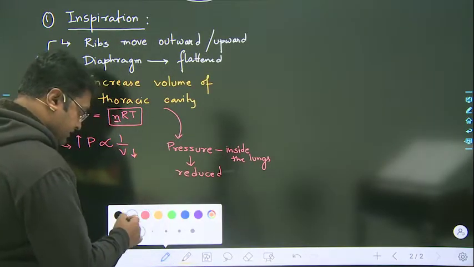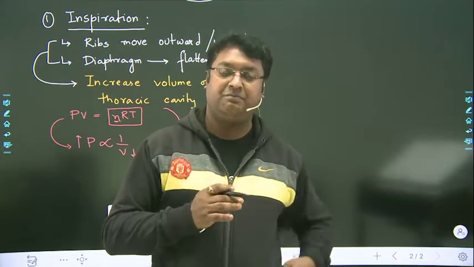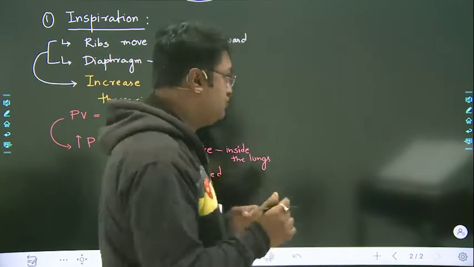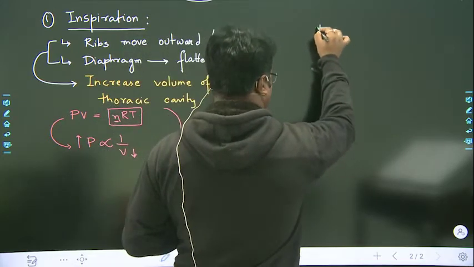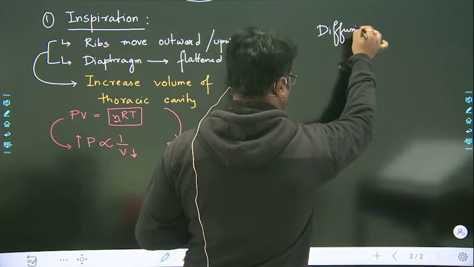Now, how is this taking place? Be it inspiration or expiration, the movement of the air is happening due to a phenomenon, that is diffusion. We know this. And what is diffusion?